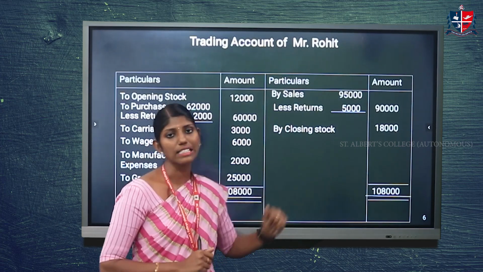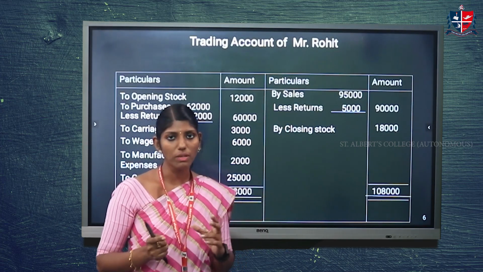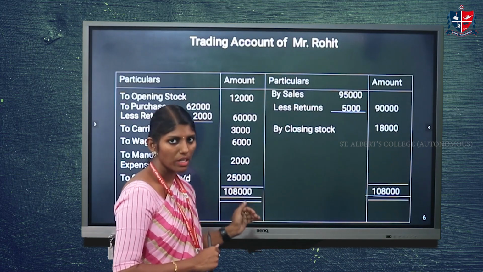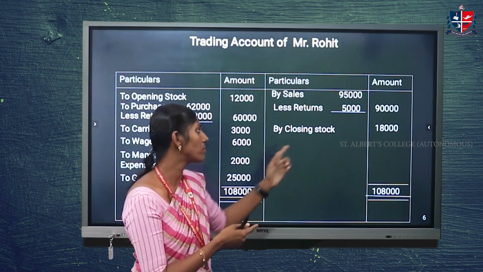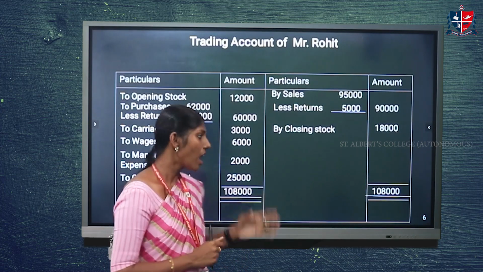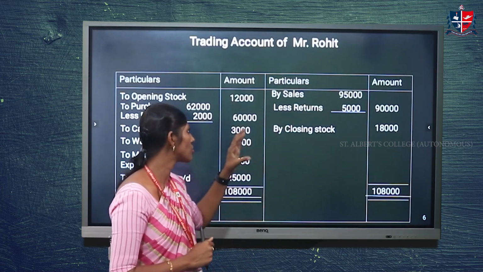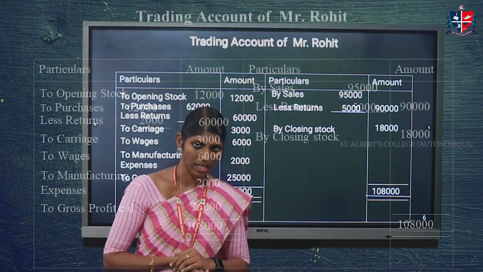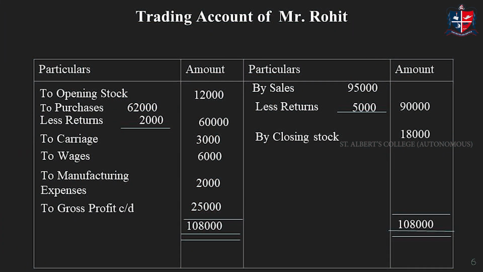Here credit side is the highest side, so the difference will be gross profit. If the debit side is more, it will be a gross loss and it should be written on the credit side. Okay, after writing this trading account, this amount will be transferred to the profit and loss account. So this is the problem solution of trading account.